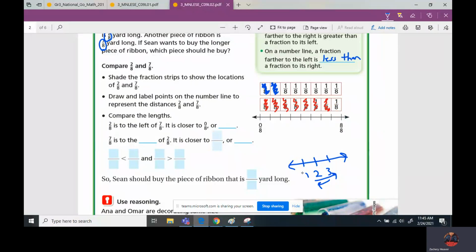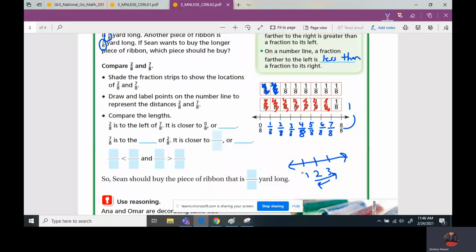0/8, it's 0. We have 1/8, 2/8, 3/8, 4/8, 5/8, 6/8, 7/8, and 8/8, which equals 1. Okay? So, which one is closer to the end?